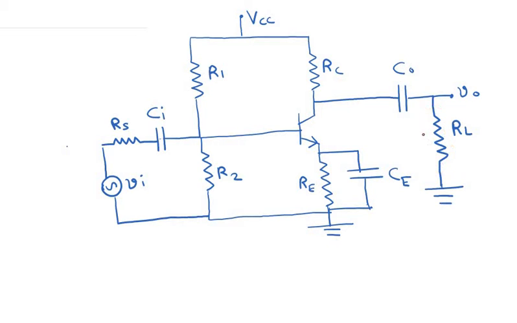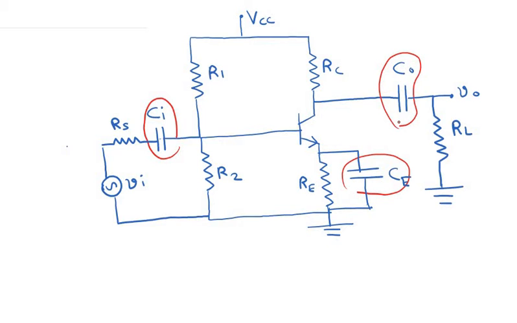Okay, so these are the three capacitors that are connected externally to this amplifier circuit. These three capacitors Ci, Ce and C0 are not internal capacitors of the transistor.